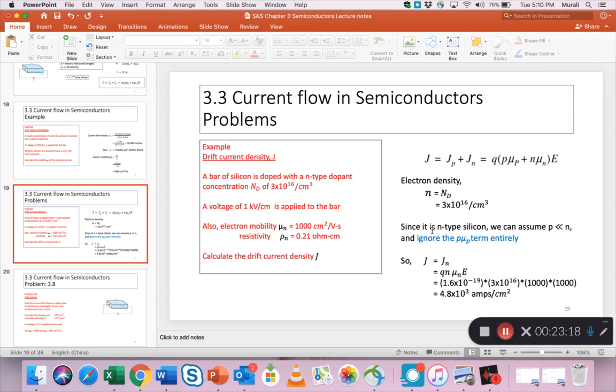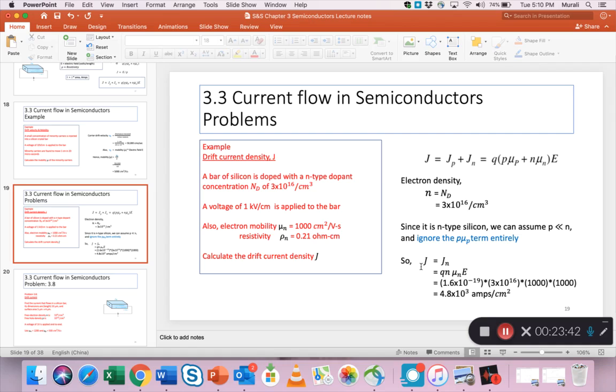Also, since it is n-type silicon and nothing else has been given, we can safely assume that the hole density is very low, and hence ignore this term completely in the formula for J, for the current density.